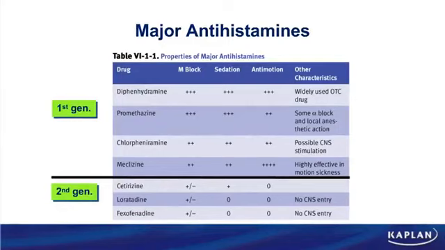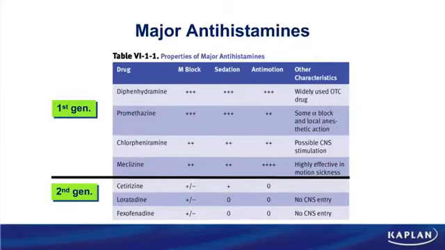A second property of second-generation drugs that will distinguish them from first-generation is that the second generations don't block muscarinic receptors. All of the first generations have some anti-muscarinic effects that could result in things like constipation, dry mouth, or even tachycardia. So the two advantages: the lack of CNS entry, less sedating, and no muscarinic block for second generations.